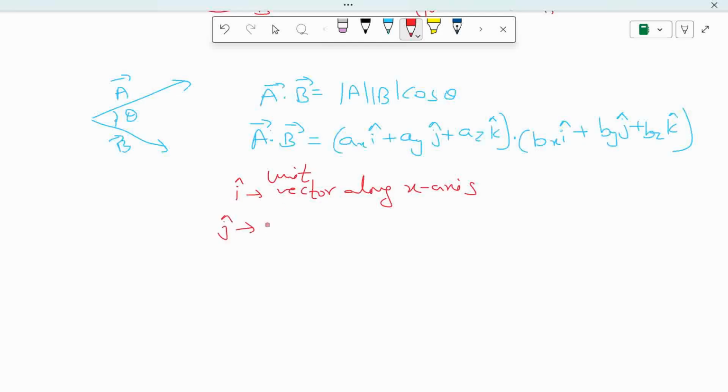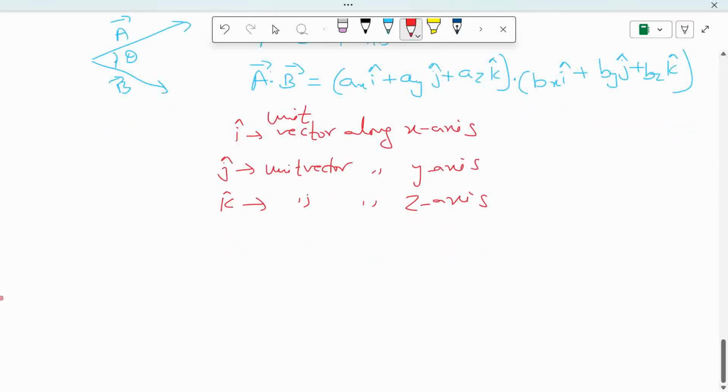J cap is a unit vector along the y-axis, and k cap is a unit vector along the z-axis. Another thing: along the x-axis it is i cap, and along the y-axis it is j cap.